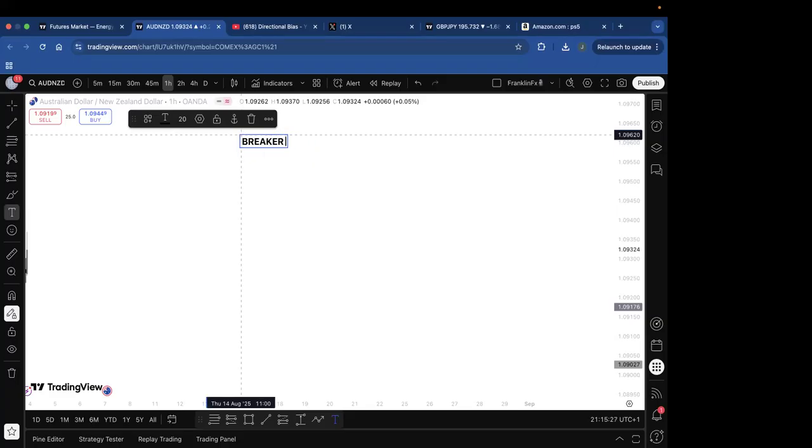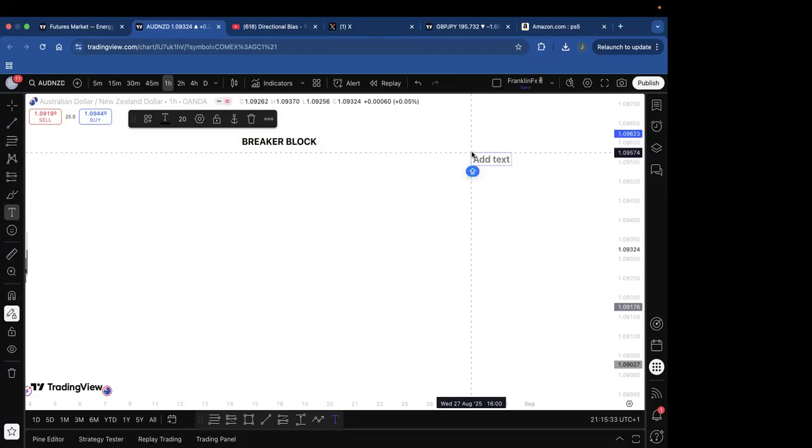All this time, we've been talking about order block as our POI, and we've also been talking about proportion block in some cases.